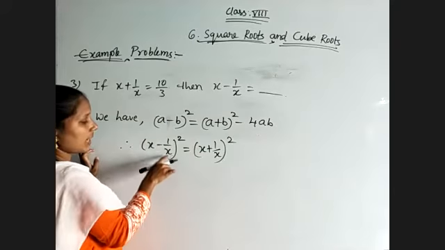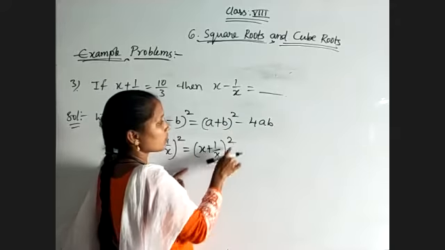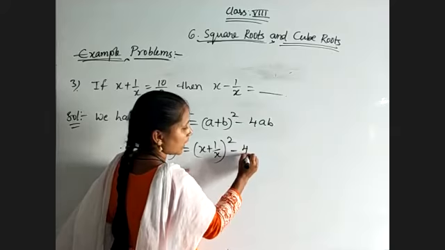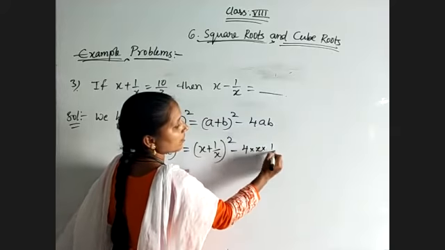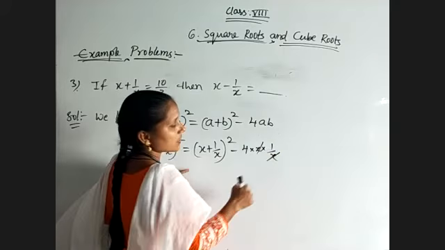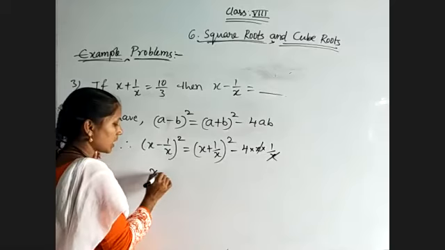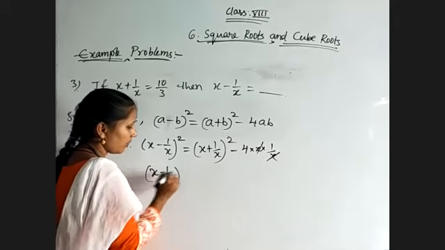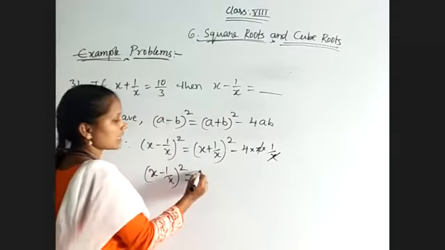So x minus 1 by x whole square is equal to x plus 1 by x whole square minus 4 into a value, which is x, into b value, which is 1 by x. X will get cancelled. Now x plus 1 by x is already given in the question, that is 10 by 3.